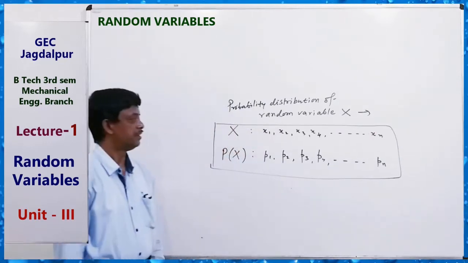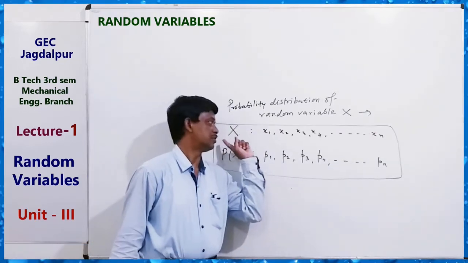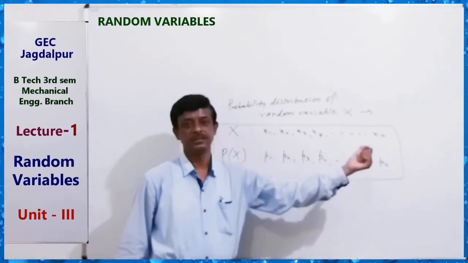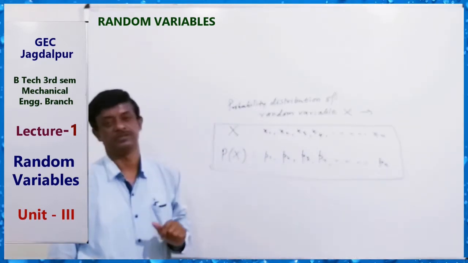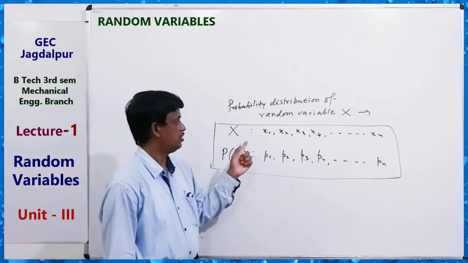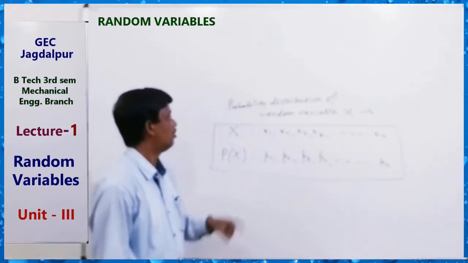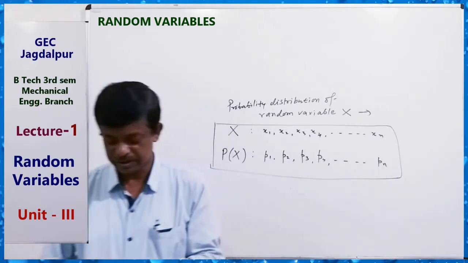Clear? These are the possible values of the random variable, and the corresponding probabilities are these. So this listing is called the probability distribution of random variable x.